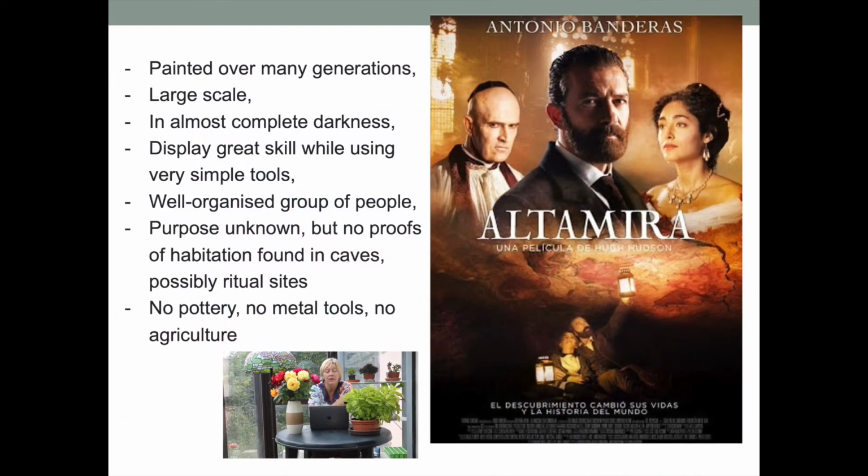What we know about these paintings is that they were painted over many generations on a large scale in almost complete darkness, and they display a great skill of their makers without using sophisticated tools. This is long before pottery, long before agriculture, long before the discovery of metals.